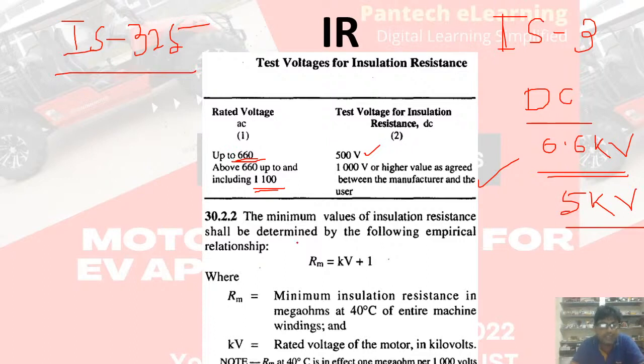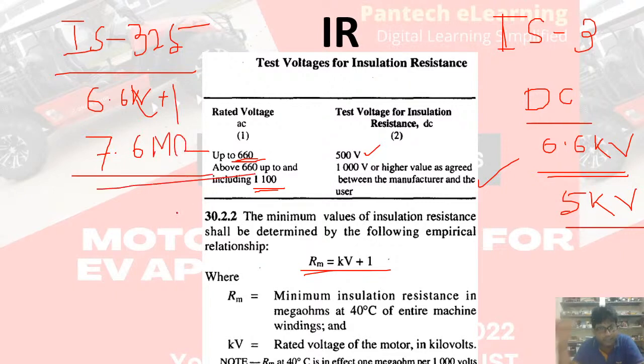Now what should be the acceptance criteria? The minimum insulation resistance should be kV plus 1. Say my motor rating is 6.6 kV. So 6.6 kV plus 1 means 7.6 megaohm. This is the minimum acceptance criteria.